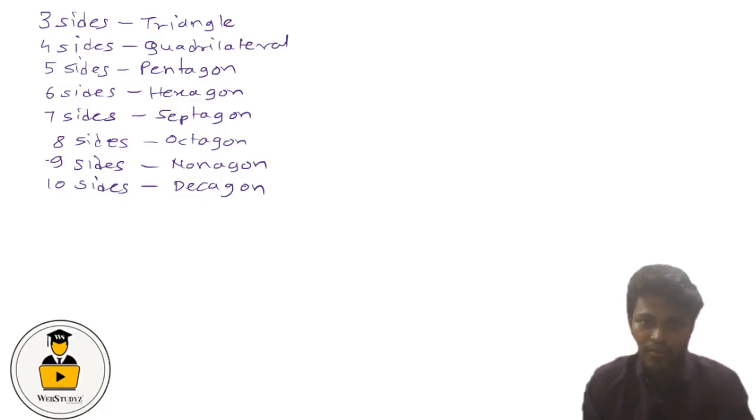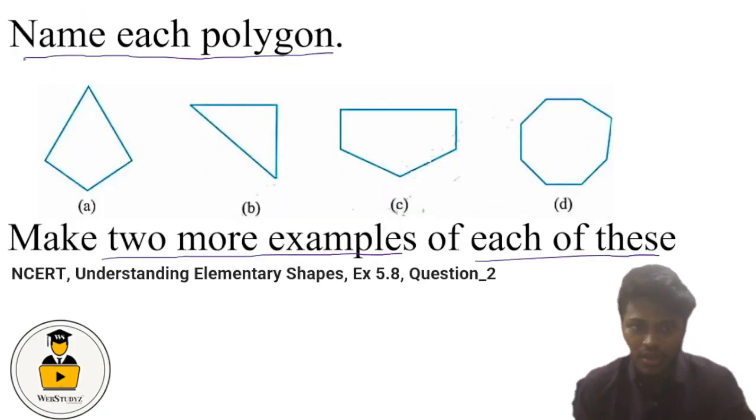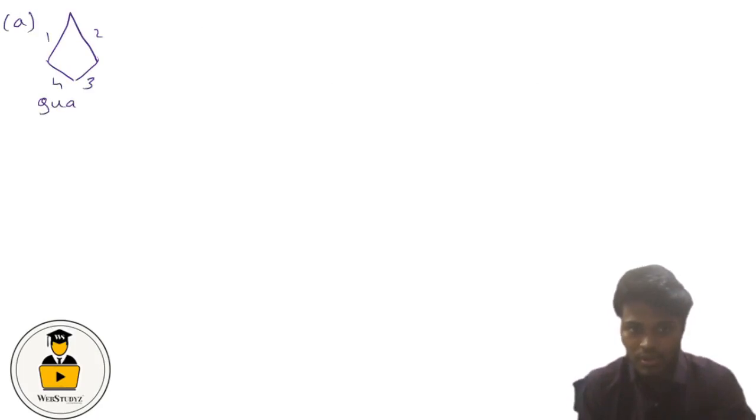Now let us look at the figure. The first figure, if we count the number of sides, has 1, 2, 3 and 4 sides. So therefore it will be a quadrilateral. Since it has four sides, we will call it a quadrilateral.